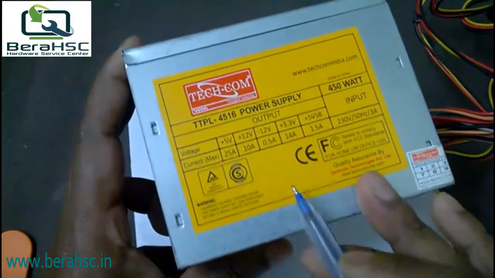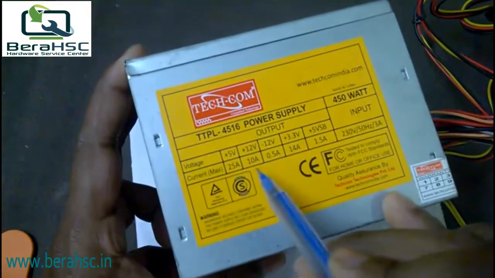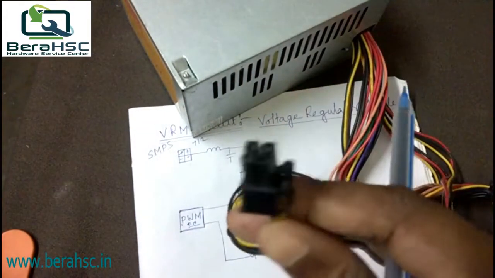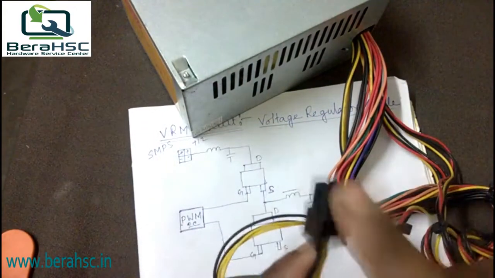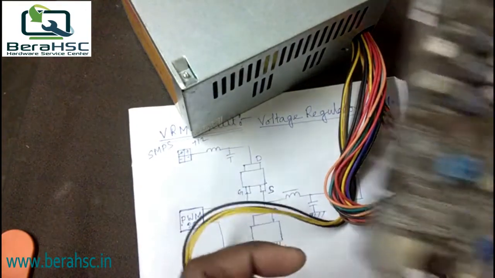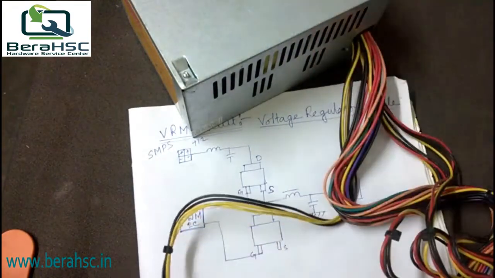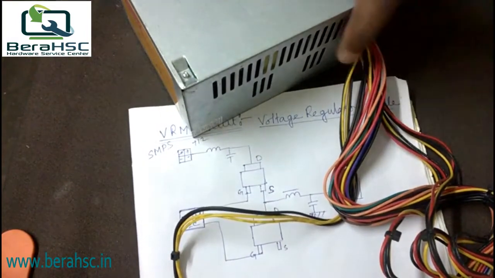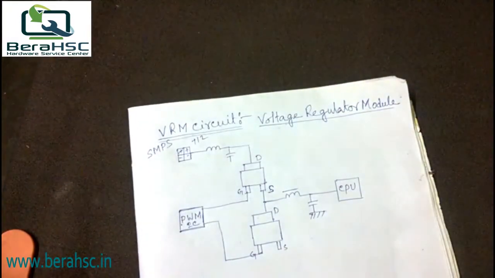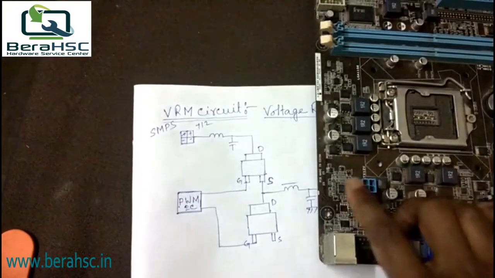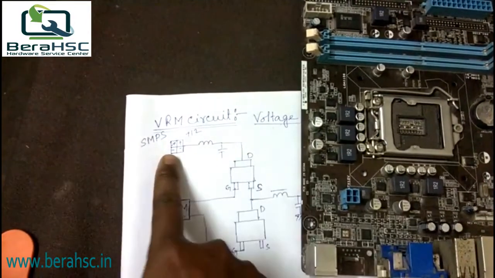This is the 12-volt positive. This 12 volt is coming from this 4-pin connector, and this 4-pin connector connects to this section of the motherboard. This is the 4-pin connector in this section.